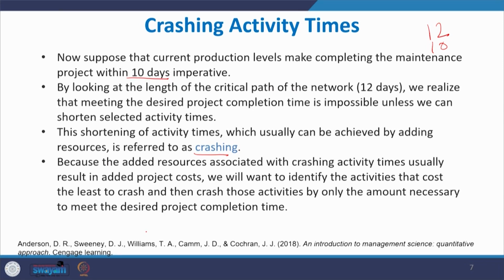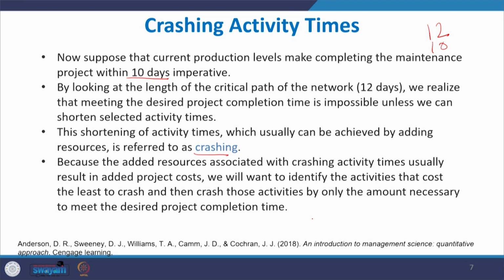Because the added resources associated with the crashing activity times usually result in added project cost, we will want to identify the activities that cost least to crash and then crash those activities by only the amount necessary to meet the desired project completion time.